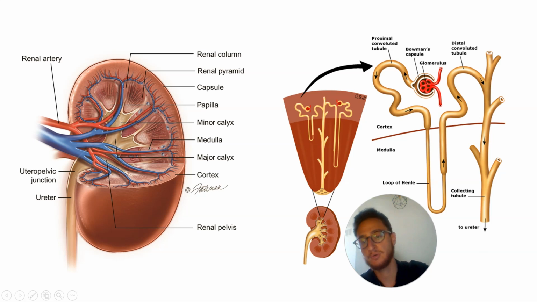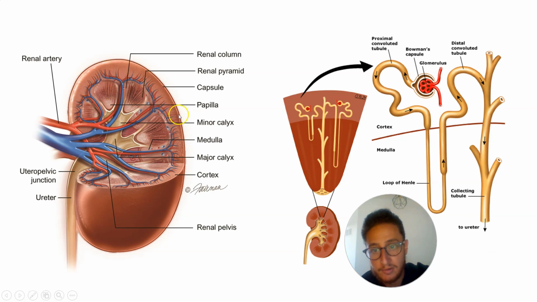Okay, so let's have a look at the organ. Here's a nice complicated looking drawing of the kidney, and let's try to simplify some of this complexity. When you cut inside of the kidney, there's a few things going on. Here you have incoming blood through the renal artery. Here you have outgoing filtered blood through the renal vein. And you can see that those blood vessels are making their way up to this region right here.